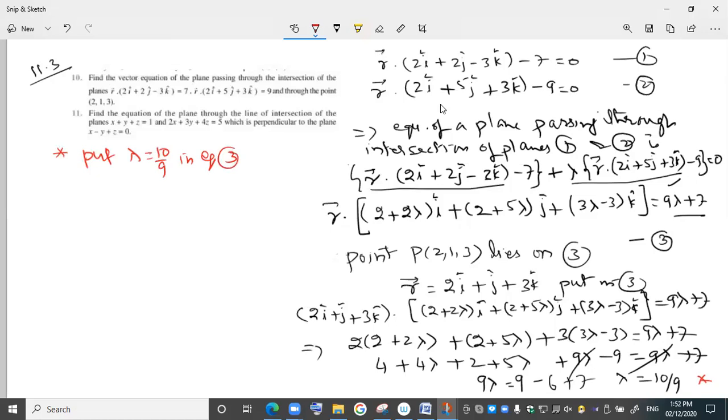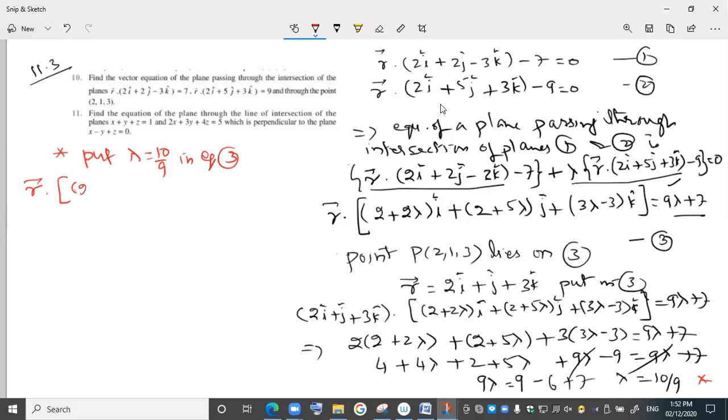Equation 3 is r dot (2 plus 2 lambda)i. Either you write like this or you can put here, then solve it. Same thing, no problem.